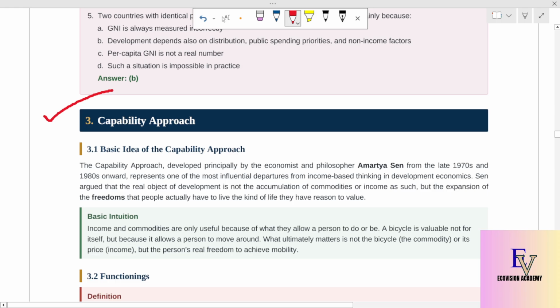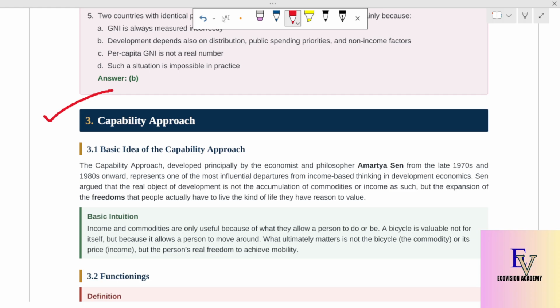It means that the real objective of economic development is not only accumulating commodities, goods and services, or income, but also that there is freedom in the country or region, so that the people living there get some reason to value.